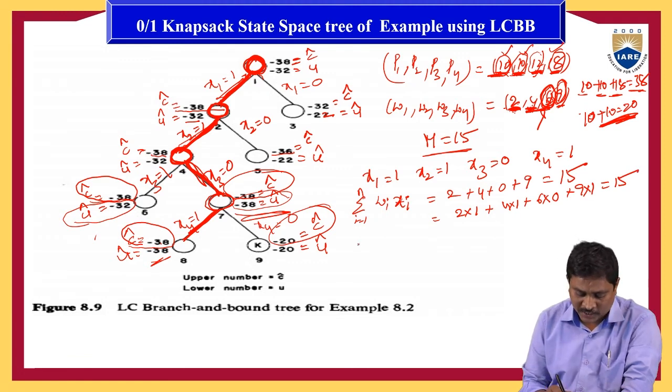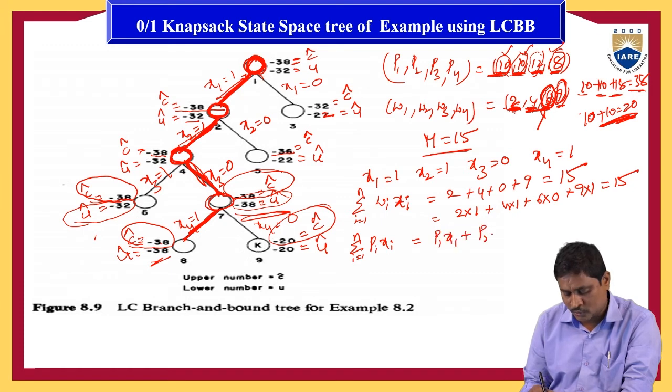Now the maximum profit value is the summation for i equal to 1 to n of pi xi, equal to p1 x1 plus p2 x2 plus p3 x3 plus p4 x4.